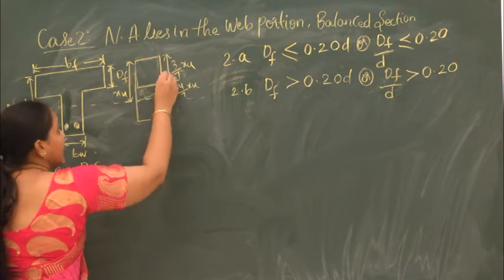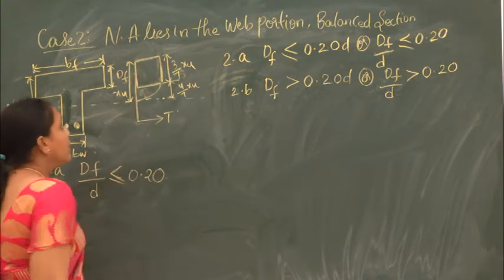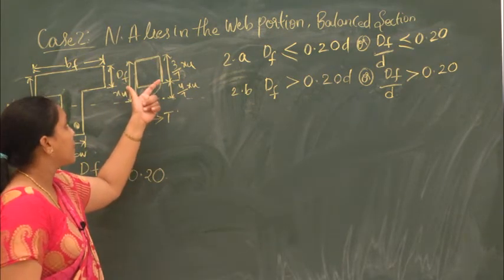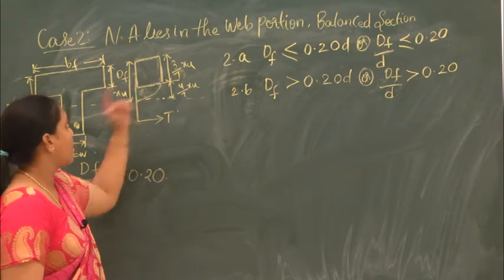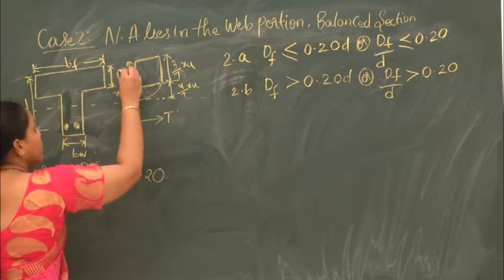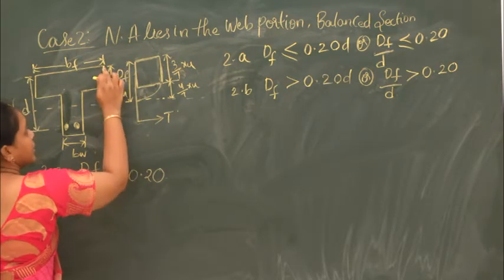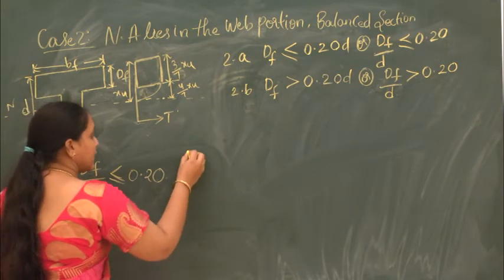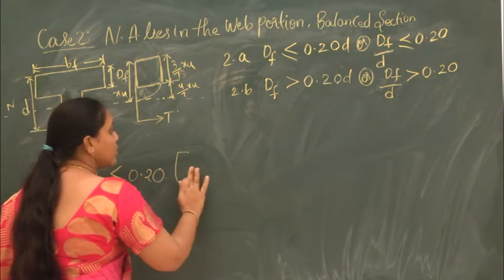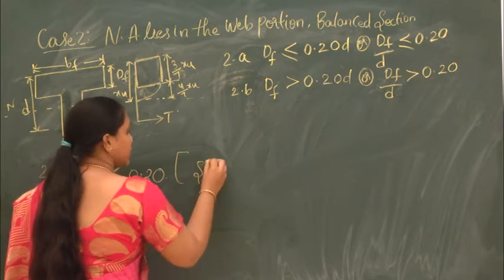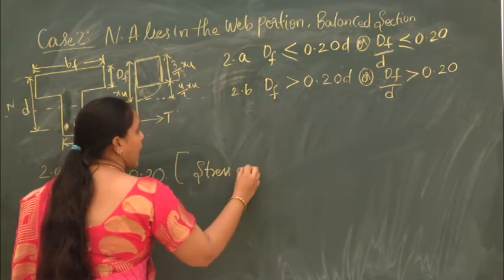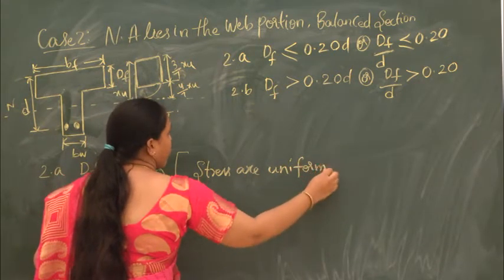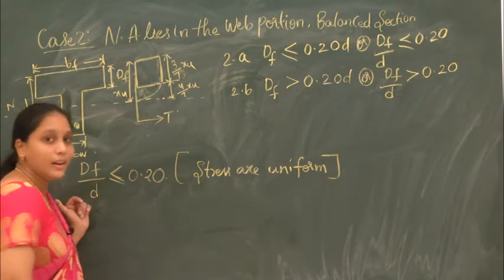So the depth of this rectangular portion is more than the depth of the flange. So what you can consider is that it is assumed the stresses are uniform. We can say that the stresses are uniform.